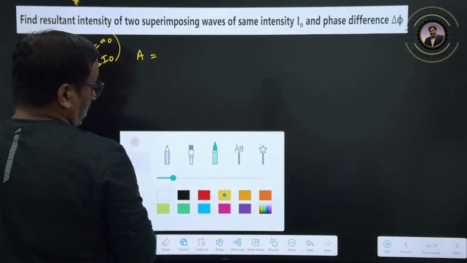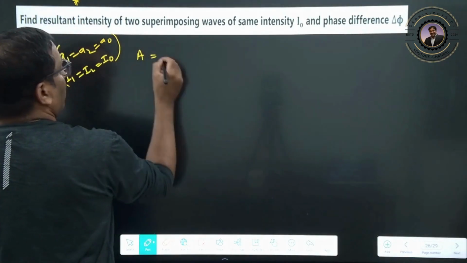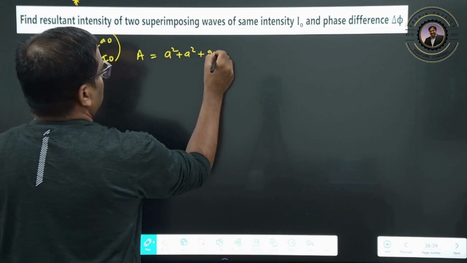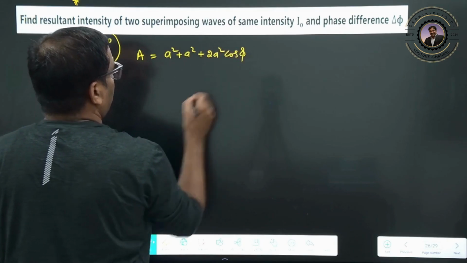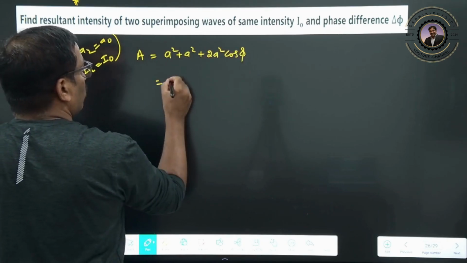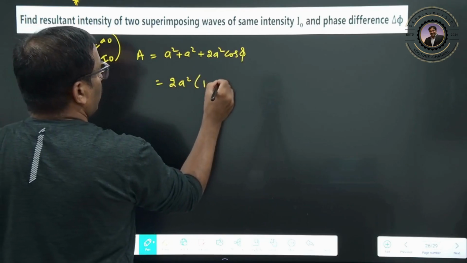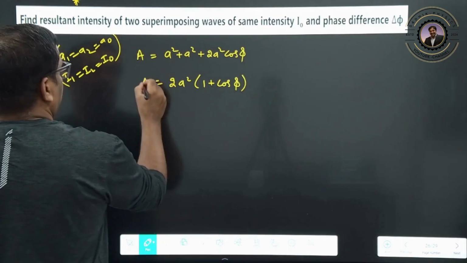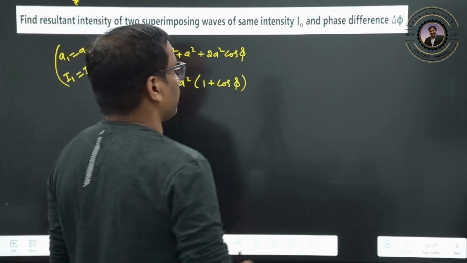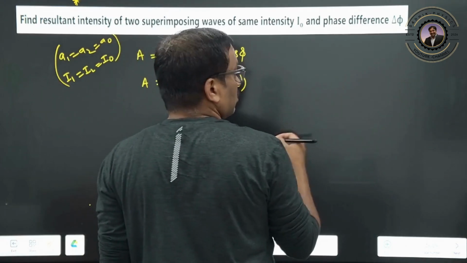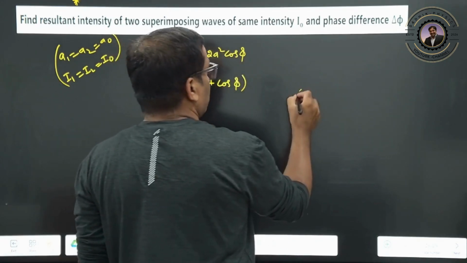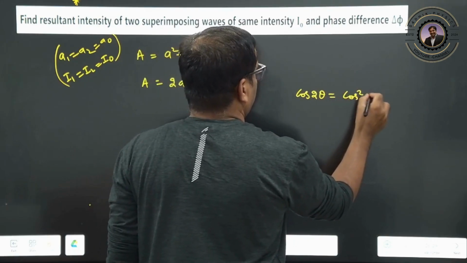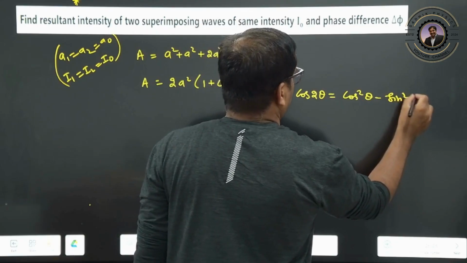So here, a square plus a square plus 2a square cos phi will be your resultant. Here 2a square taken common, 1 plus cos phi will be your amplitude square, clear? So 1 plus cos phi can be written using cos 2 theta, remember this one. Cos 2 theta means cos square theta minus sin square theta, clear?